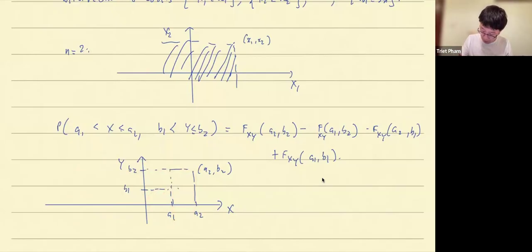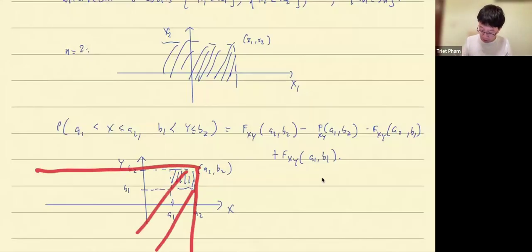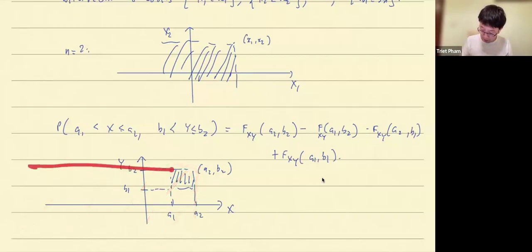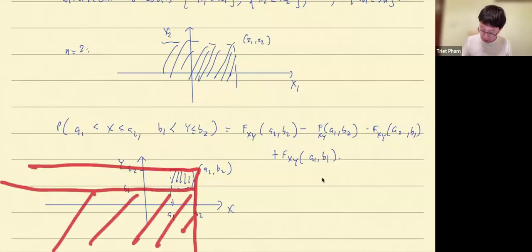So the area over here, that's what I should say, is the area between A1, A2 and B1, B2. This is the big area of the rectangle, subtracting first this rectangle, and then subtracting this rectangle.